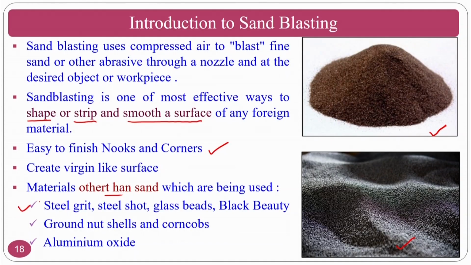Materials other than sand which are used are steel grits and steel shots, glass beads, black beauty, groundnut shells and corn cobs, and mostly people also use aluminum oxide as the abrasive particles for sandblasting applications.